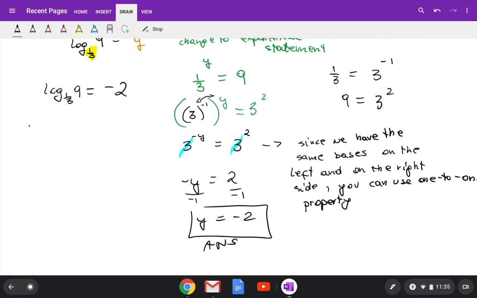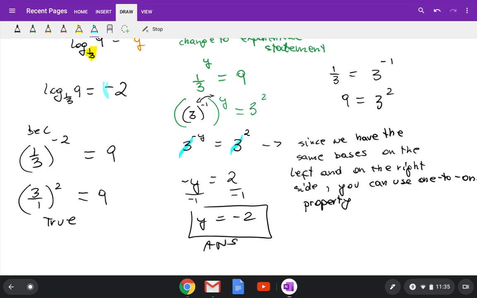So again, I'm changing that logarithmic function to exponential: 1/3 to the power of -2 has to be equal 9, and that's definitely true. You see negative exponent, so you take reciprocal, and that exponent become positive. And like you see, this is true. Okay, so the answer is -2.